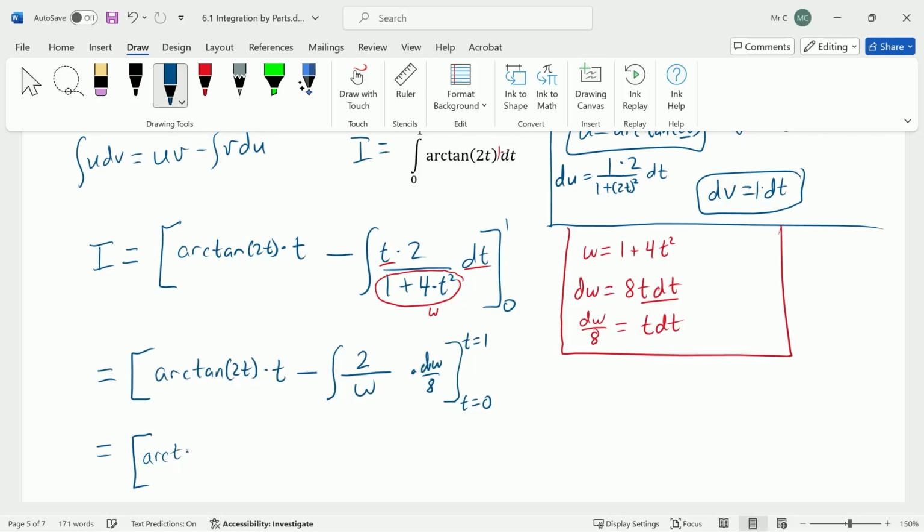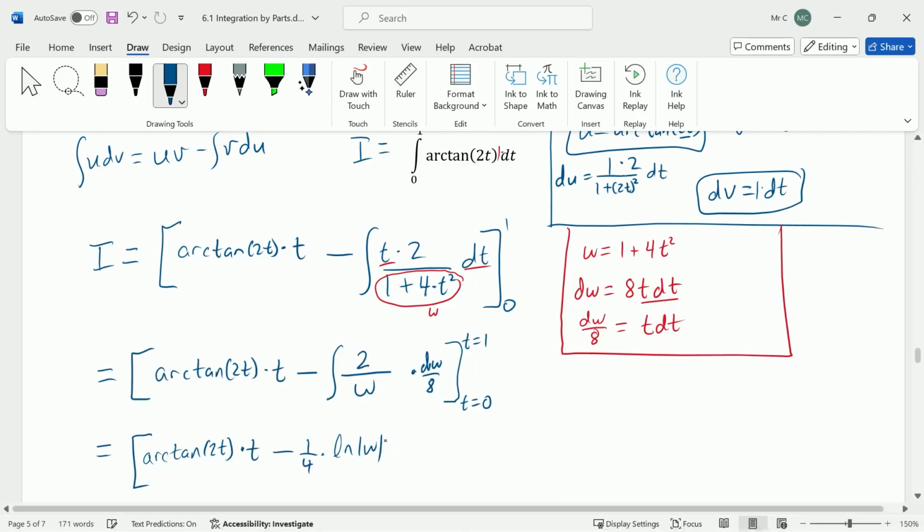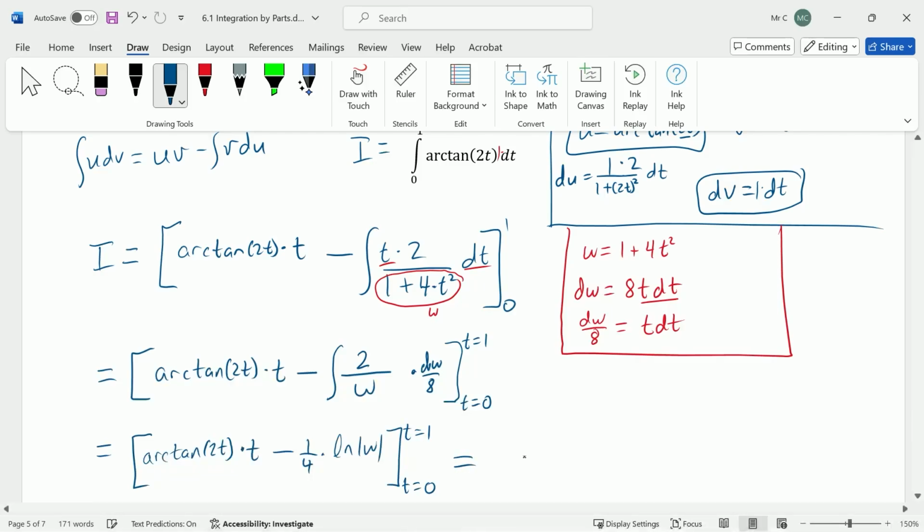Okay, so this is arctangent of 2t times t minus 2 over 8, which is 1/4. And then all that's left is the integral of 1 over w dw after I factor the 1/4 out. So what do I get? I get the ln of the absolute value of w. Again, evaluated from t equals 0 to t equals 1.